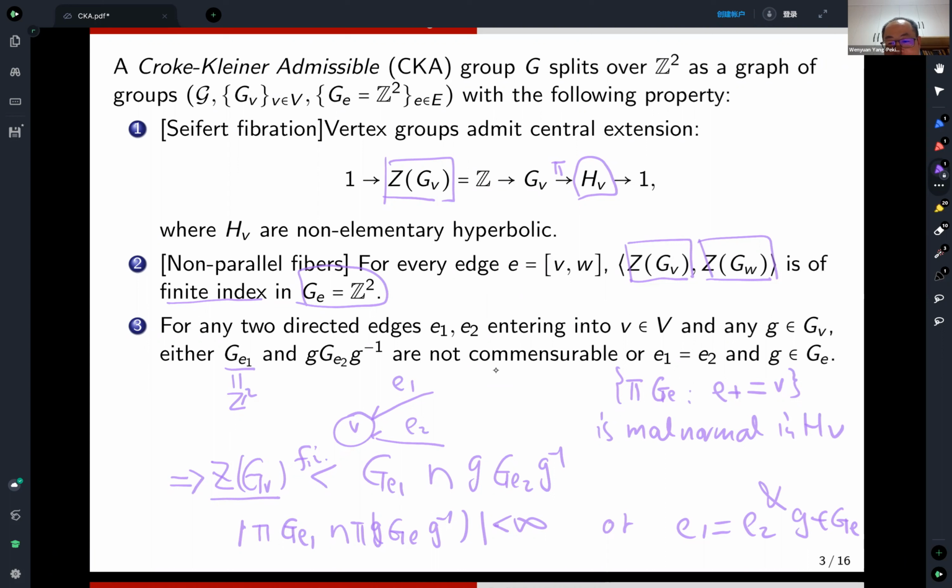This means two conjugates should intersect in a finite group, or be the same.